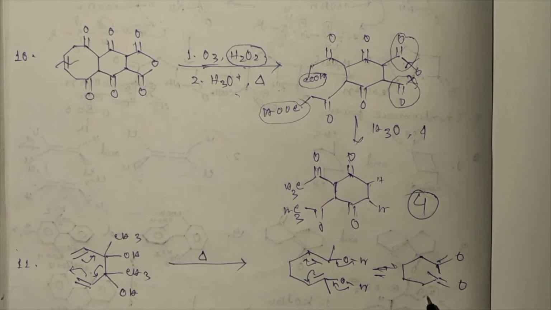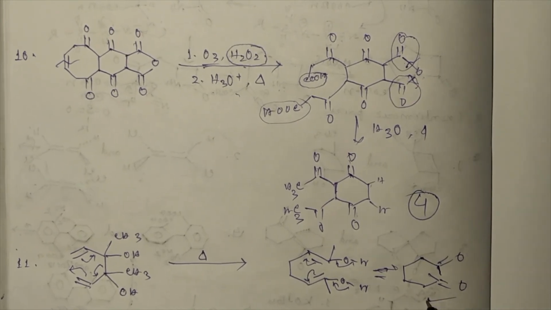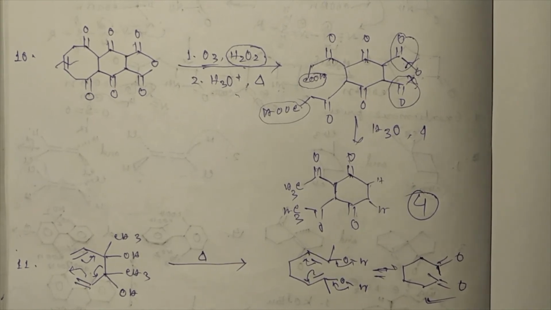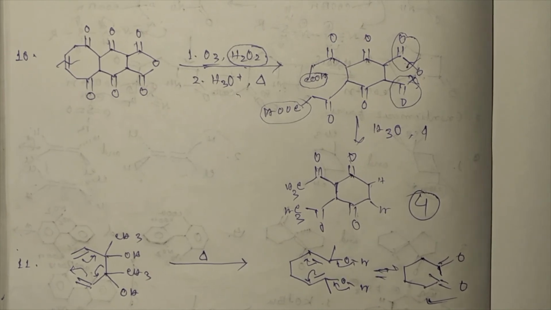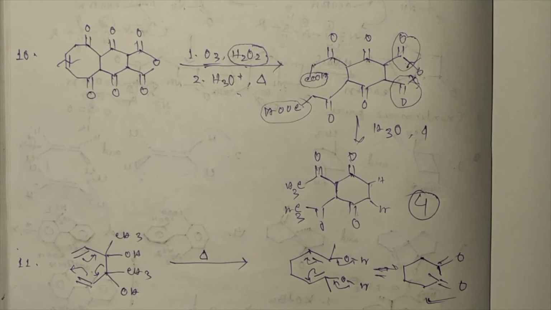So this is a keto group. So keto group has generally stretching frequency at 1710 to 1715, 1725. So this will be the answer.